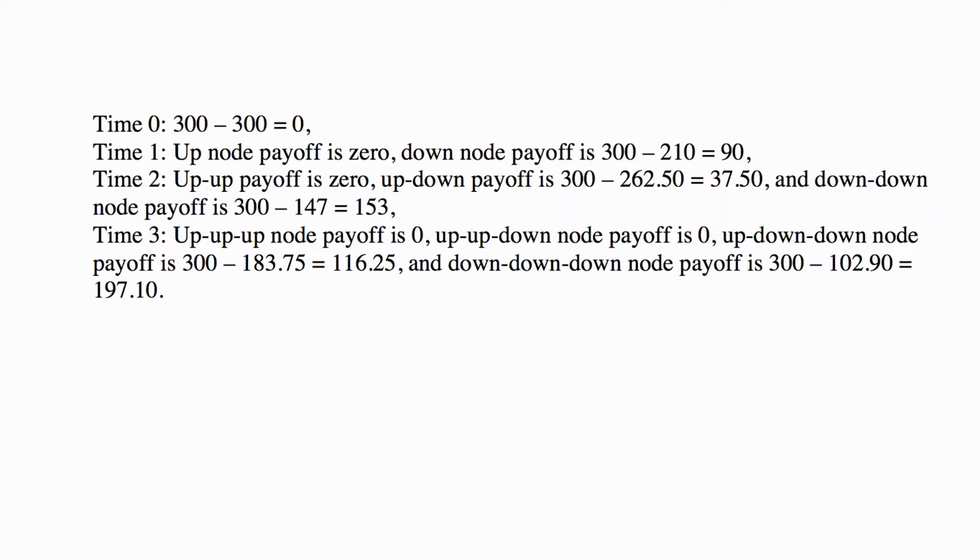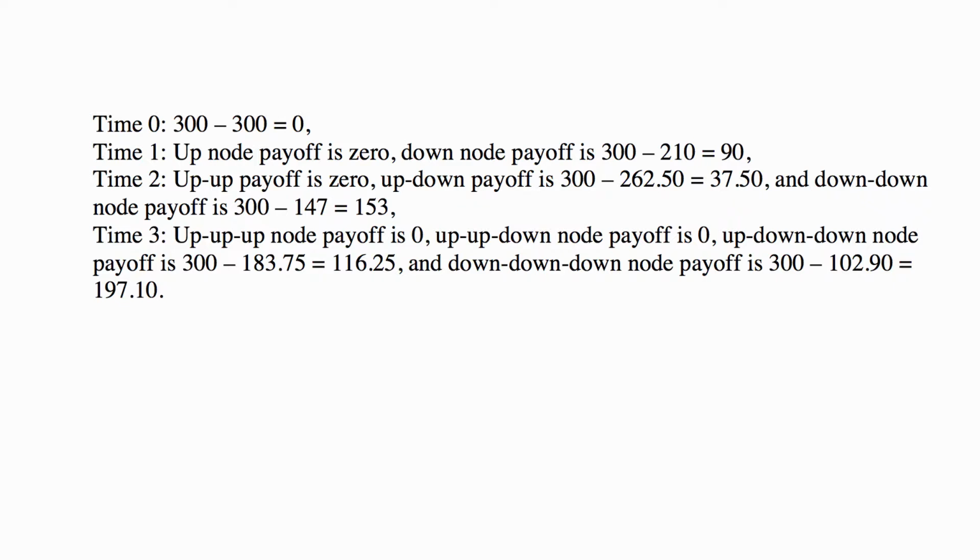At time 1, the up node payoff is 0, at down node payoff is 300 minus 210, or 90. At time 2, the up payoff is 0, and up down payoff is 300 minus 262.50, so 37.50. And down node payoff is 300 minus 147, so 153.